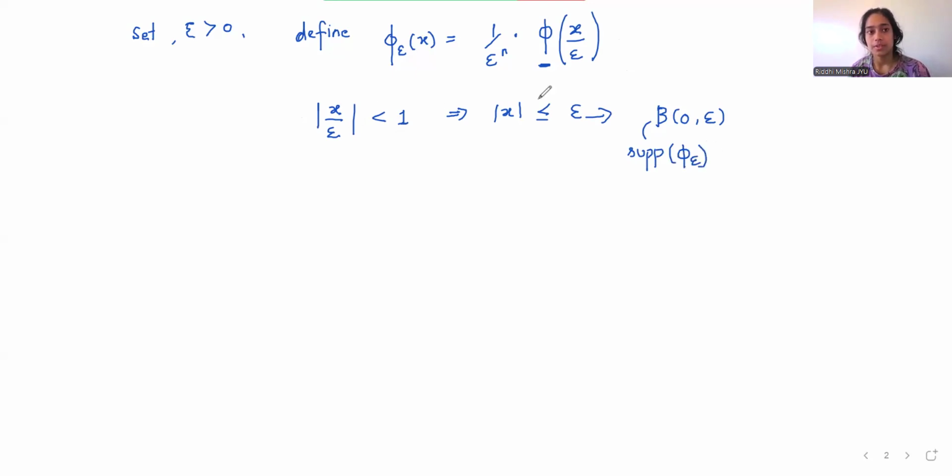Most of the time you want the support to be very small, so this epsilon will play an important role when I define the convolution.